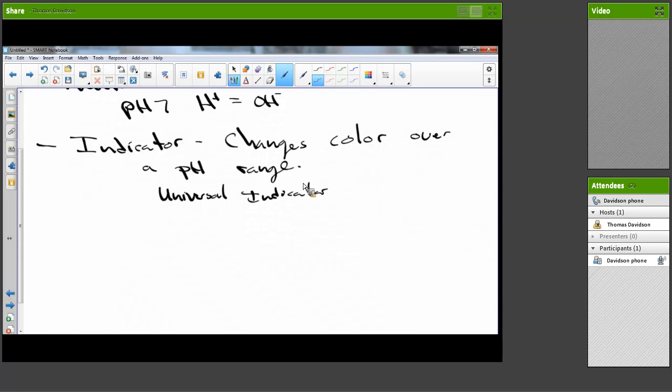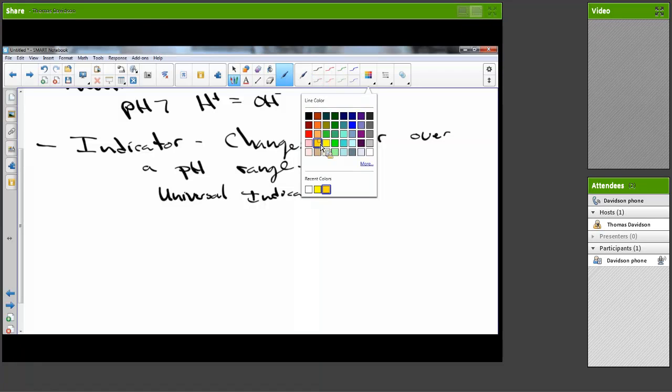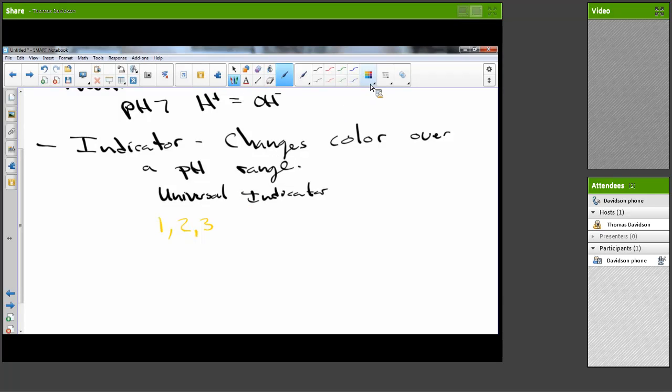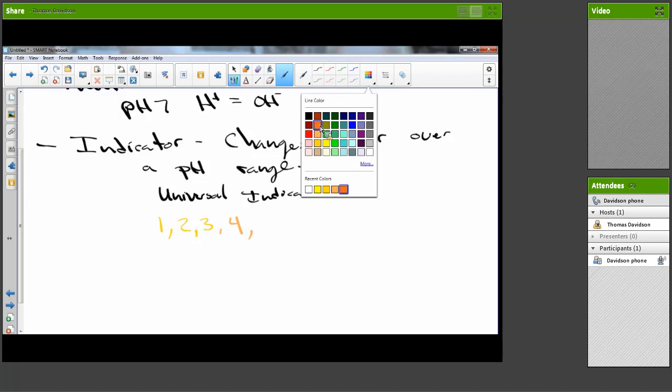It's a liquid that I add to an acid or a base, and it changes color depending on the pH. Now, this will probably be hard to see, but it's like this. 1, 2, 3, 4. This will take forever. I don't know if it's worth it. I don't like that color. Let's start making it green.